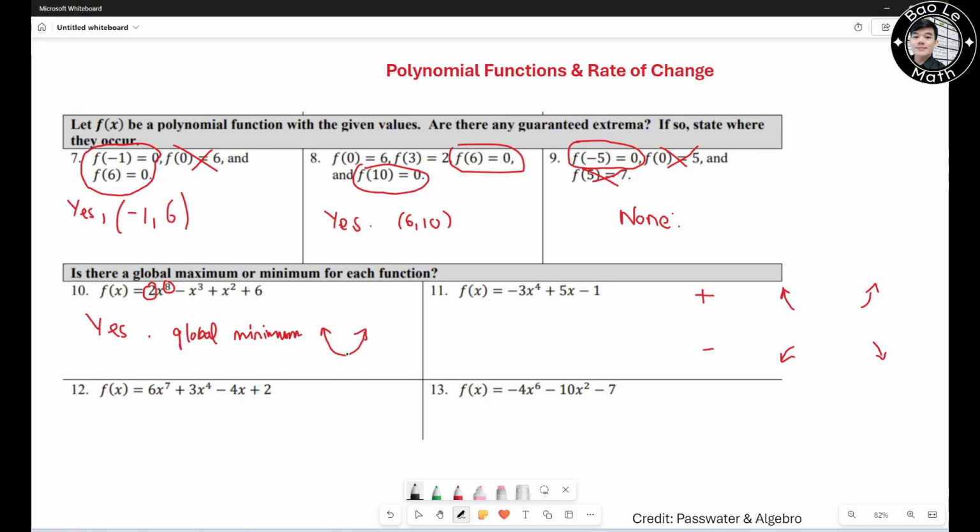And the global minimum is going to be right here. Now let's take a look at number 11. This one has even power and the leading coefficient is negative. So we're going to use the second case right here. So it looks like this. So yes, we have the global maximum.